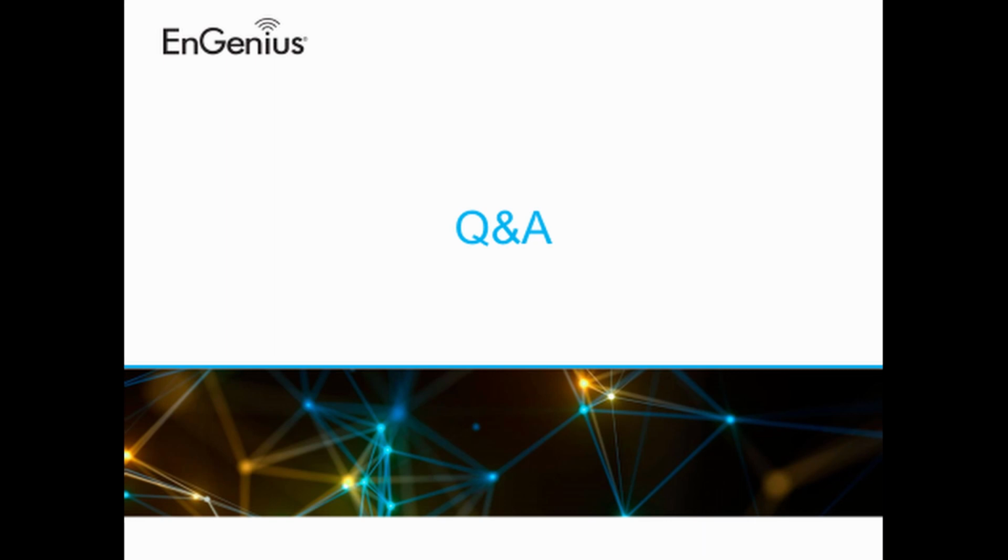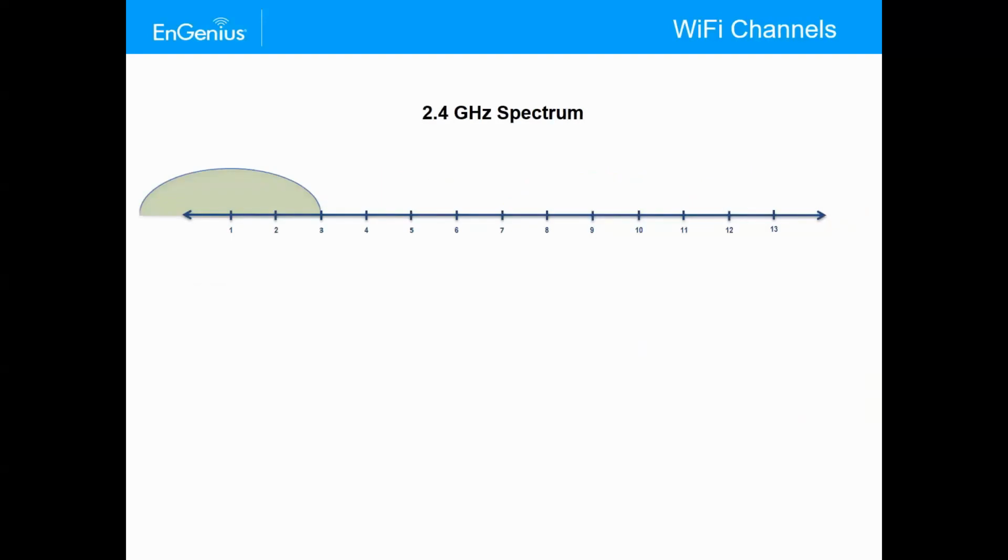Okay, another question here is, can you explain more on the channel width? Okay, so let me go back a bit. Again, the channel width determines how big your channel is in terms of the frequency range. So the bigger it is in terms of the range, the more bandwidth you would have, because it's occupying two channels at the same time.